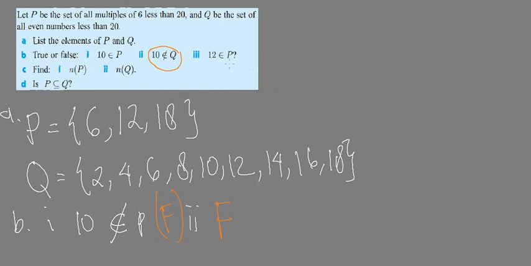True or false? 12 is an element of P. Can we find 12? Yes. So it means, okay, sorry, change the color. True or false, 12 is an element of P. We can see 12 over here in P. 12 is an element of P because we can see 12 in P. So true.